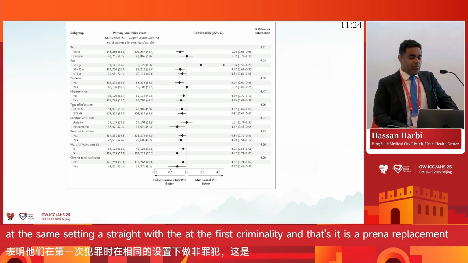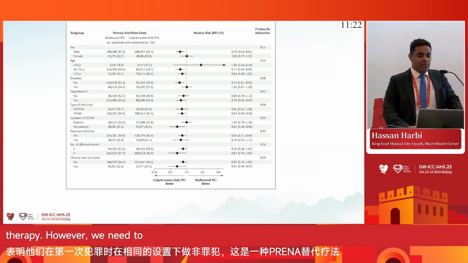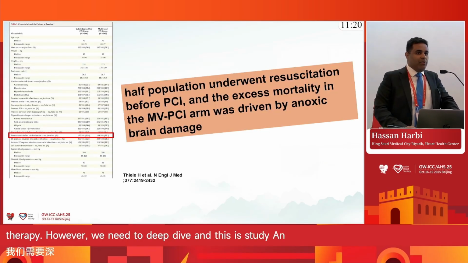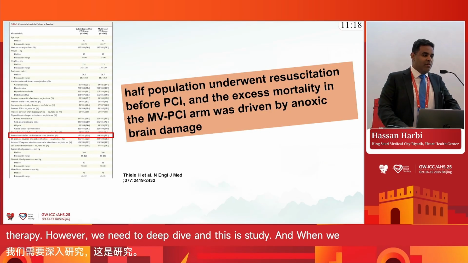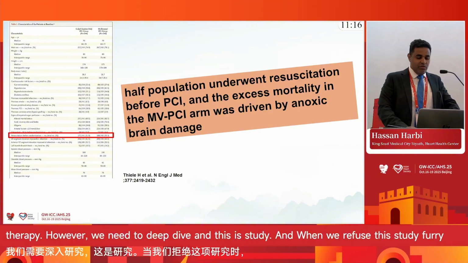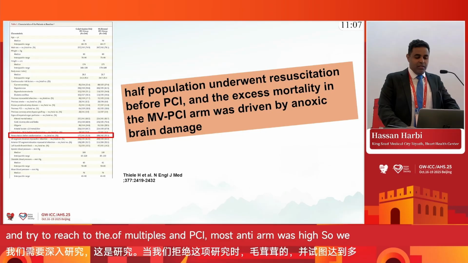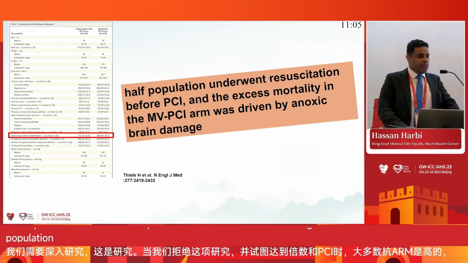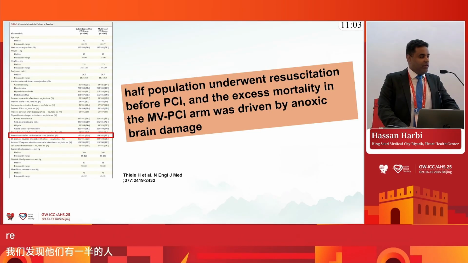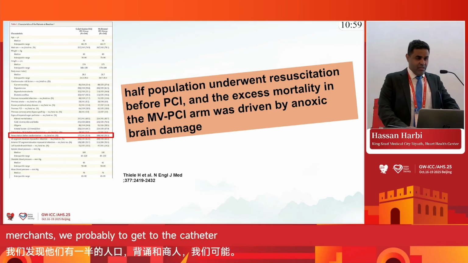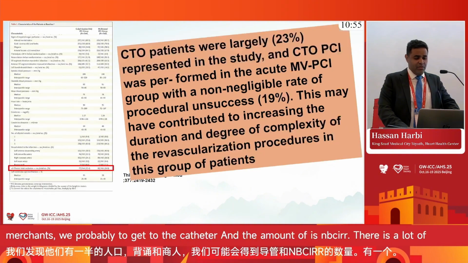However, we need to deep dive into this study, and when we review it and try to understand why mortality was higher in the multivessel PCI arm, we found that half of the population had resuscitation in the emergency room before getting to the cath lab, and in the multivessel PCI arm, many deaths were driven by anoxic brain damage.